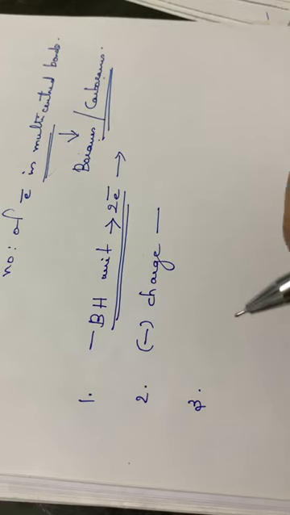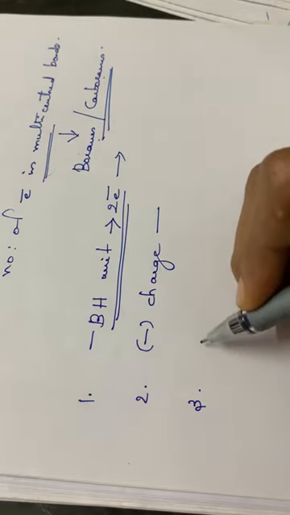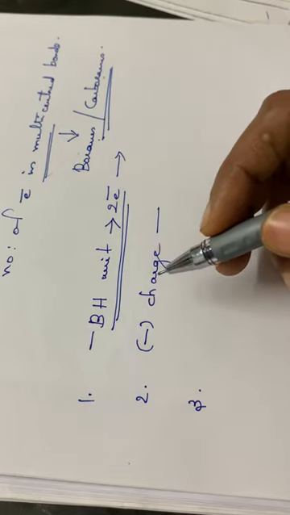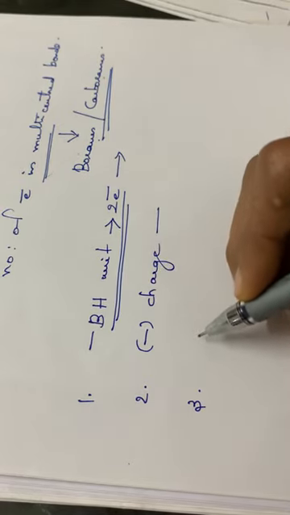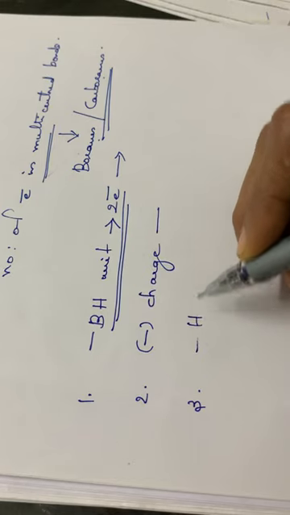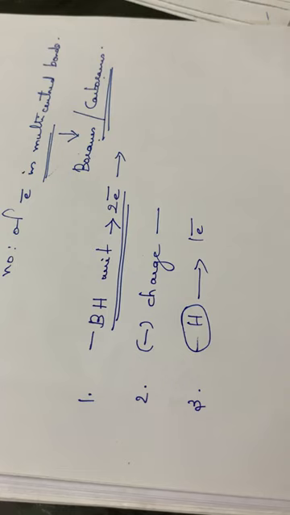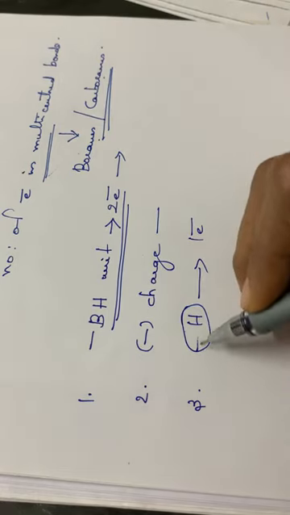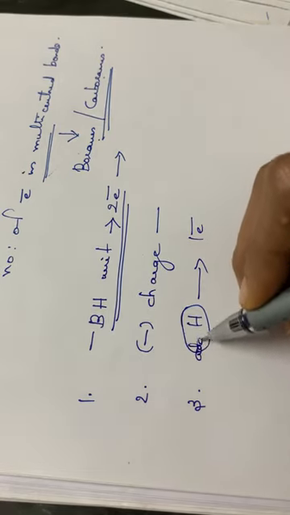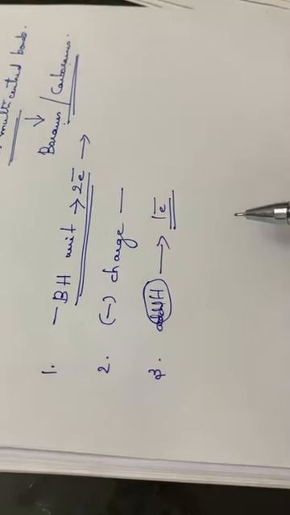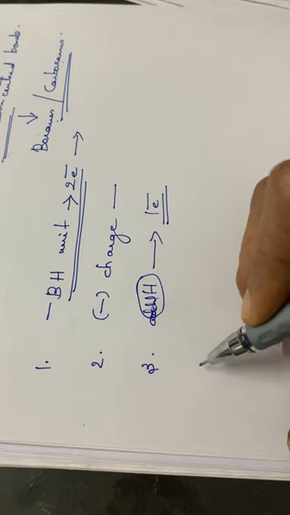Then the third point is that if additional hydrogens are also there, each of these hydrogen atoms will be donating 1 electron to the skeletal bonding. That is the third point.